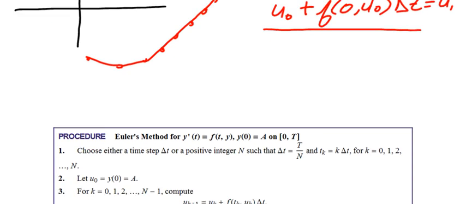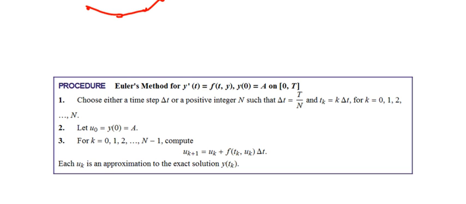So here we have our procedure for Euler's method. We want to choose a time step. Time step is what we call the delta t. How do we move in time? And a positive integer n, such that delta t equals t divided by n. Notice we have this t here, which is where we want to end up, and we're going to divide by some positive integer n.